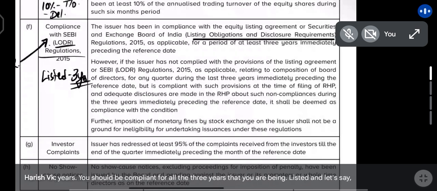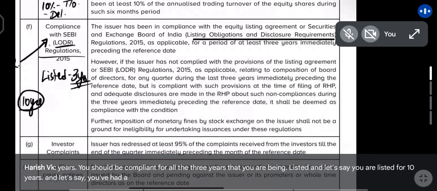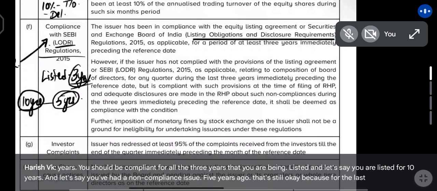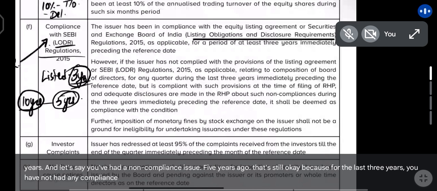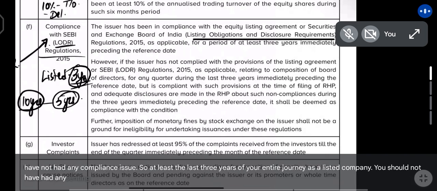And let's say you are listed for 10 years. And let's say you had a non-compliance issue 5 years ago. That's still okay because for the last 3 years, you have not had any compliance issue. So at least the last 3 years of your entire journey as a listed company, you should not have had any listing agreement compliance issues.